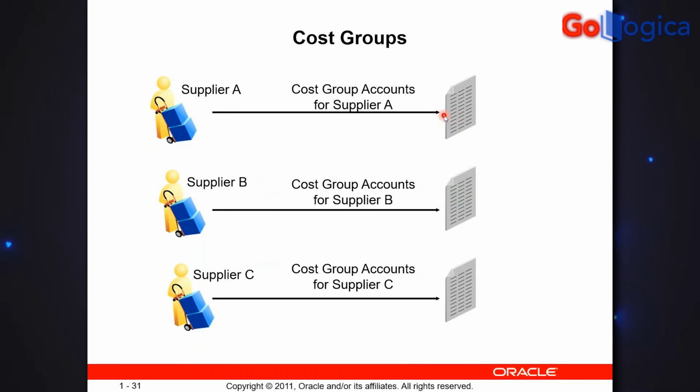Cost group can be assigned at the supplier level and subinventory level. The use is that you can find exactly what is the value of raw goods inside your warehouse directly. If everything is in one cost group, it will be very hectic to find, right? That is where it comes into the picture.